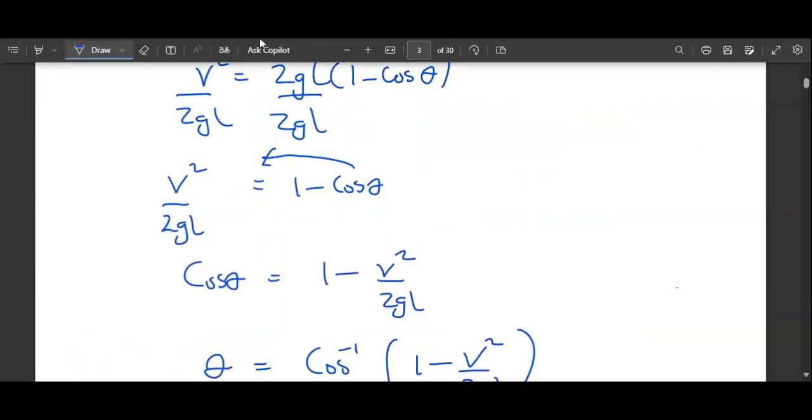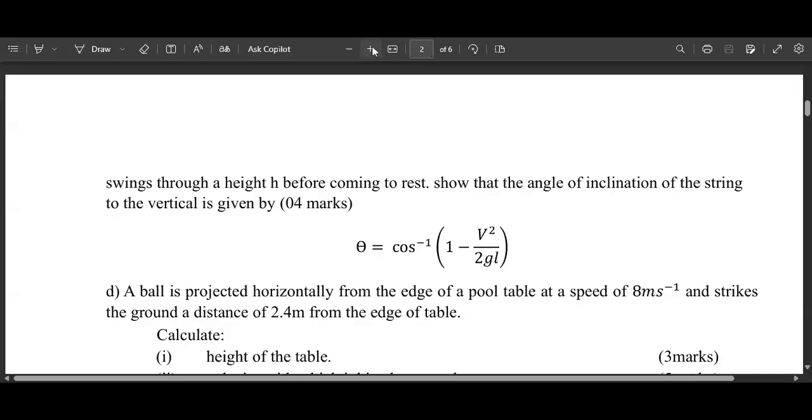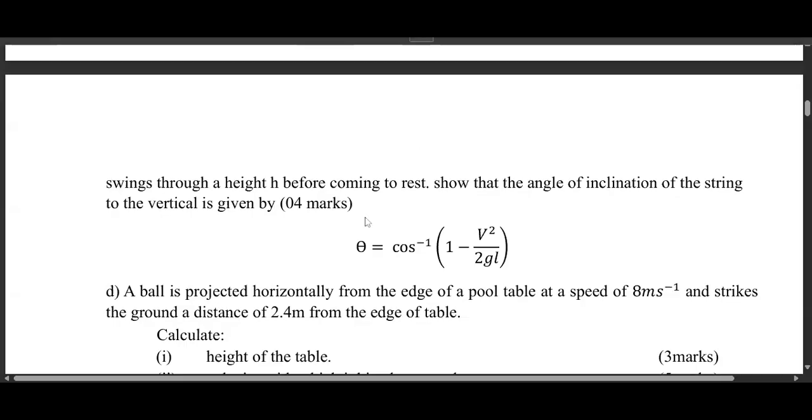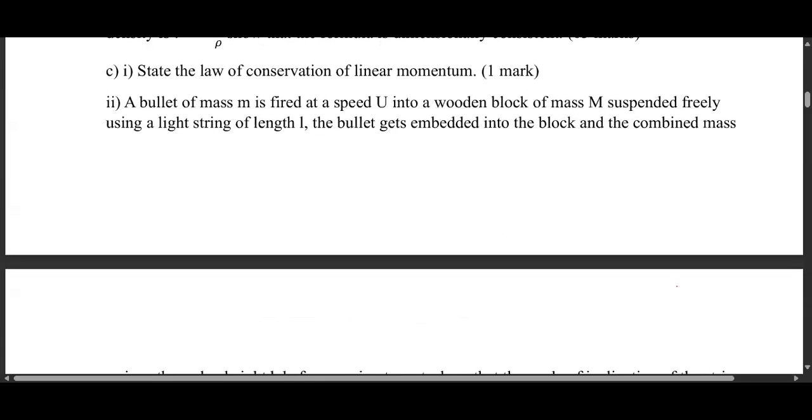So that is part C. Yeah, we have been looking at this part here. A bullet of mass is fired at a speed u into a wooden block of mass m, suspended freely using a light string of length l.